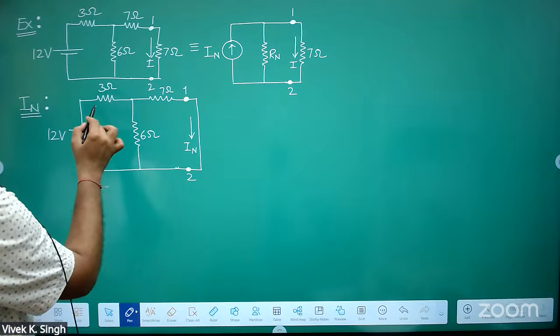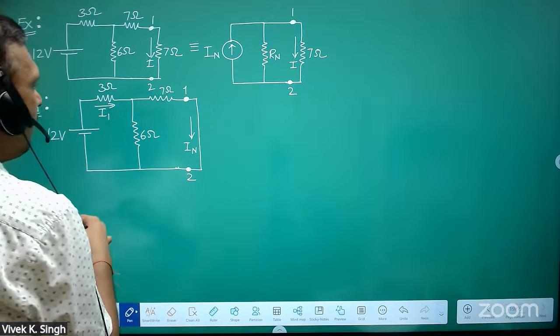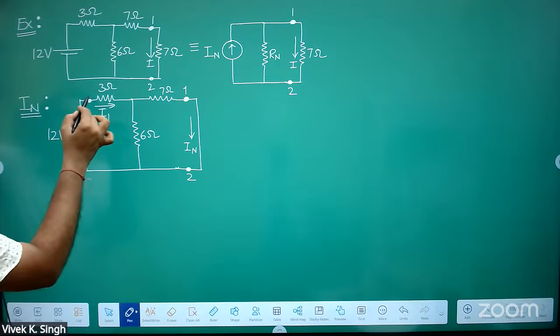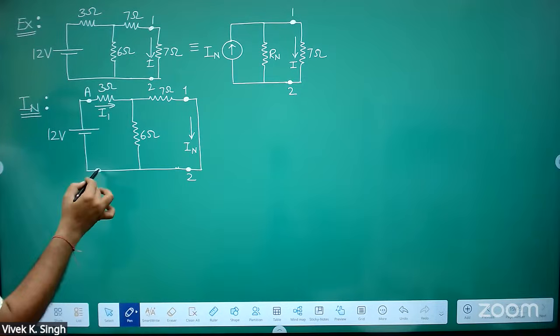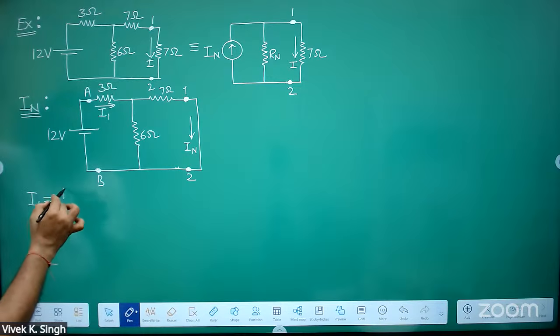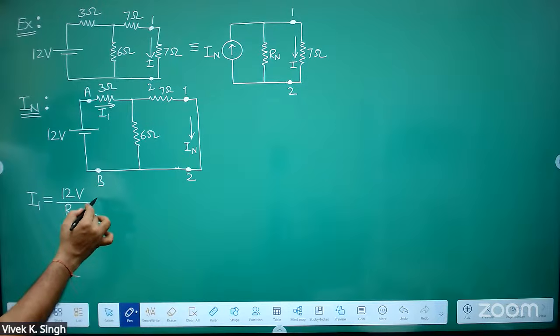So you should first find current I1. So I1 is, you have to see equivalent across AB. This is 12 volt divided by equivalent across AB.